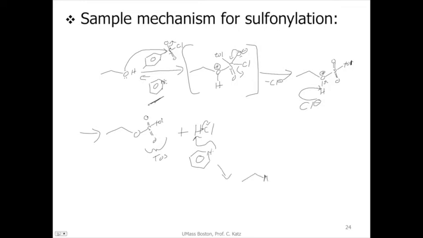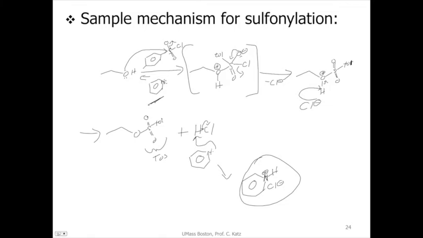That's a nitrogen. There's your pyridinium, because the nitrogen is protonated. So this is pyridinium hydrochloride, which falls out of solution as a solid. So you have pyridinium hydrochloride and you have this O-tosyl.